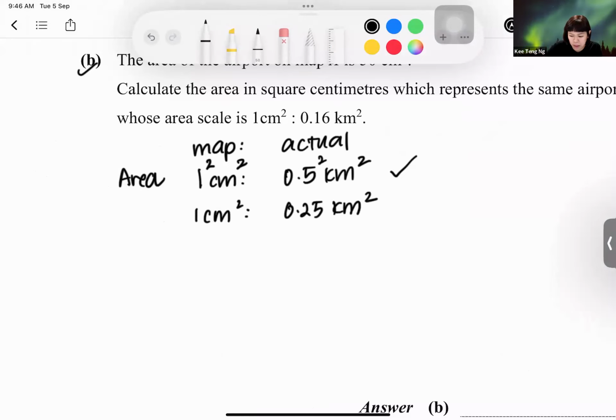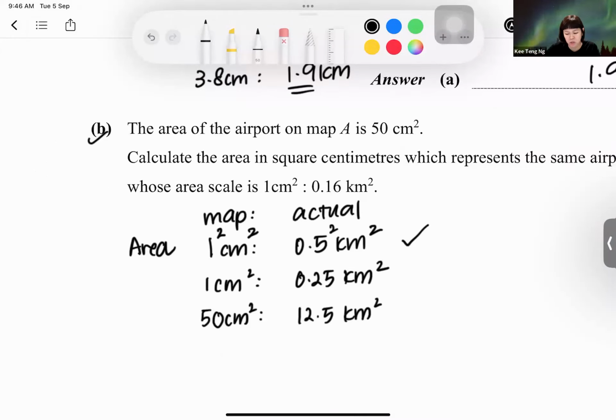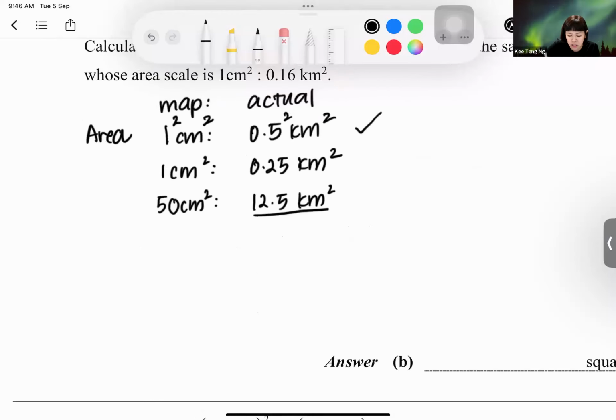They say the map itself is 50 cm square, so 50 cm square will be times 50. That gives me 12.5 kilometers square. So this is my actual, the actual stays the same.